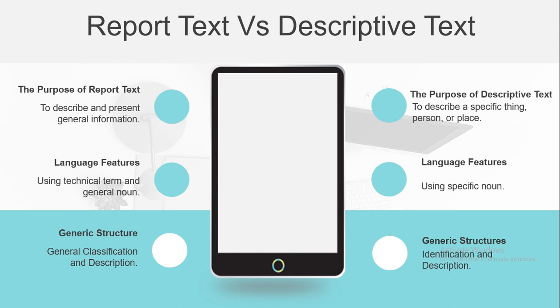And about the language features, in report text it uses a lot of technical terms and also general nouns, while in the descriptive text it does not really use technical terms and the nouns are quite specific. And the last is about the generic structure. While the report has the general classification and description, the descriptive text has the identification and description.